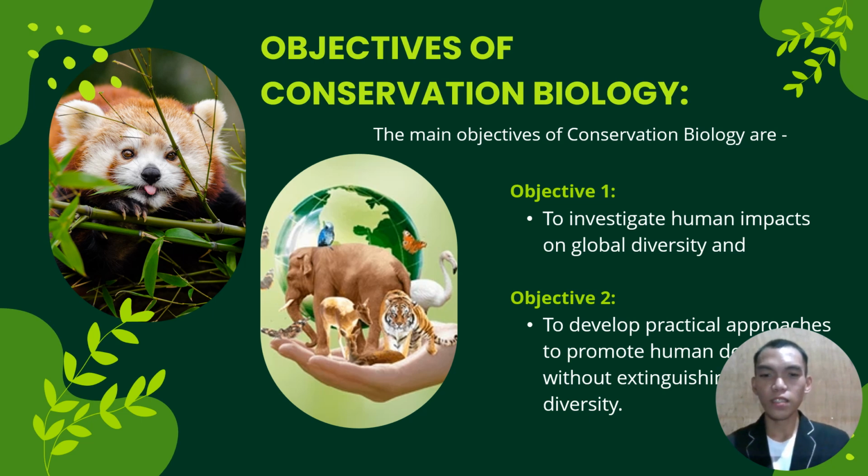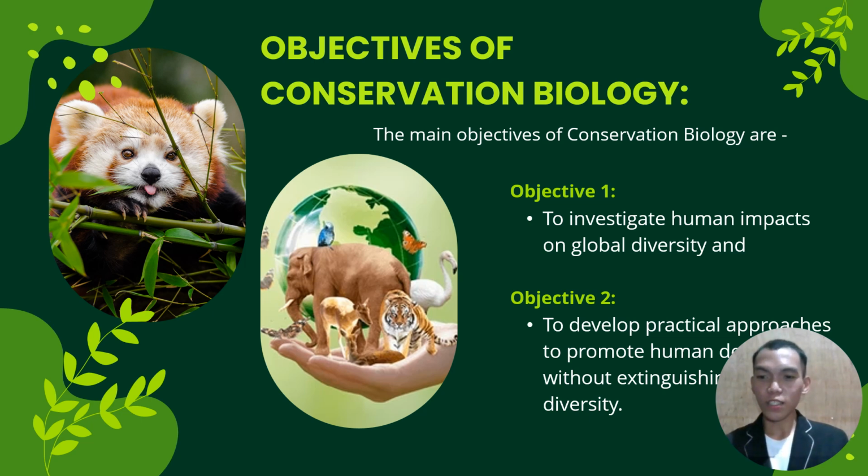Second objective is to develop practical approaches to promote human development without extinguishing biological diversity. This statement emphasizes the need to create effective strategies that support human development while simultaneously preserving and safeguarding biological diversity.